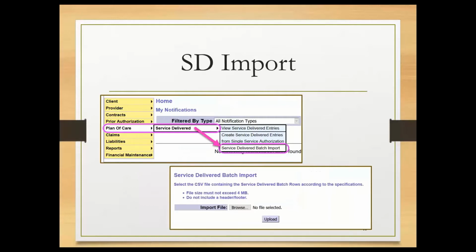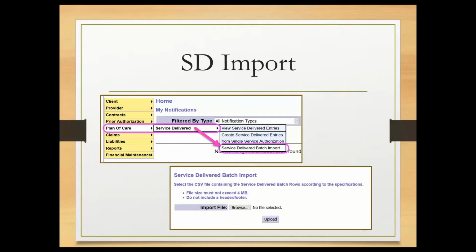For the SD import process, again, under Plan of Care and Service Delivered, if you have the specific user role to do the SD importing into Express, you'll have that menu option, Service Delivered Batch Import, available, which takes you to a screen where you can then browse for that CSV file that you've created from your own internal system and saved.